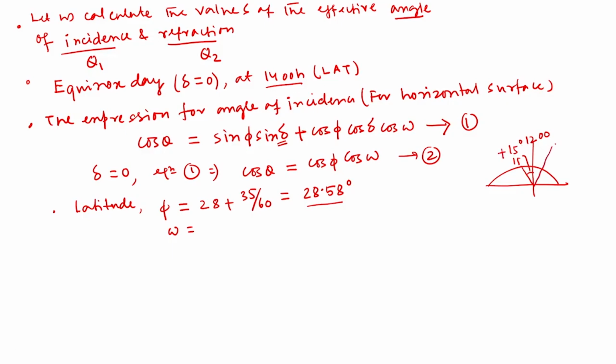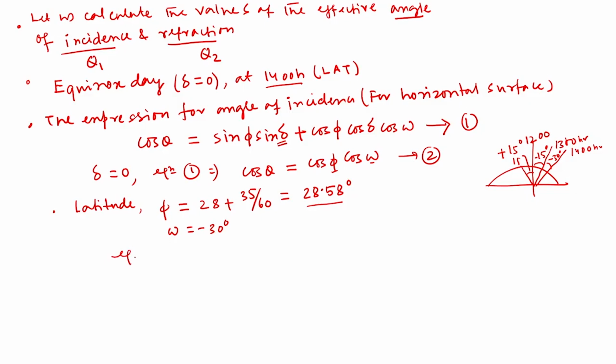On the other side, it may be 13 hours, so it will be 15 degree but minus, because it is afternoon, and at 14 hours it will be minus 30 degree. So, omega is also known, then phi and omega are known, and we can use the equation to find out theta, and this theta is nothing but theta 1.